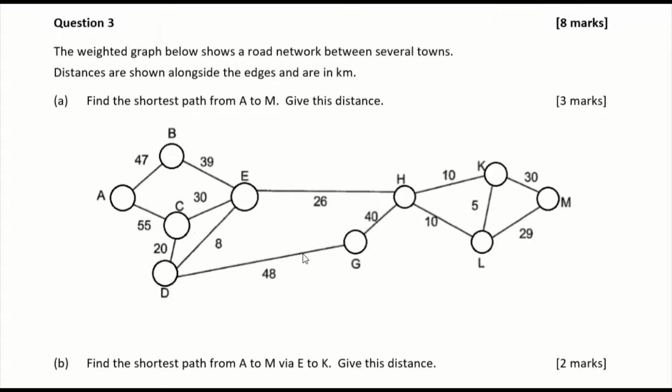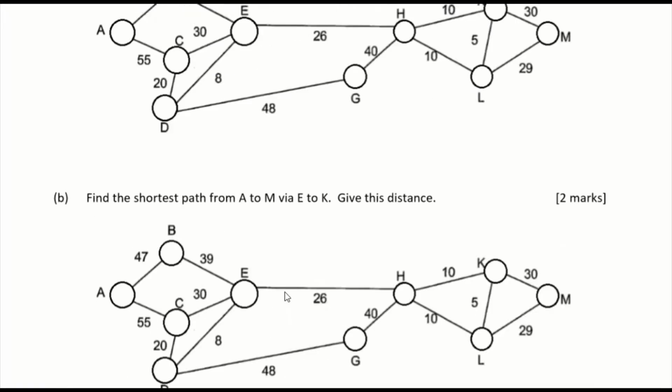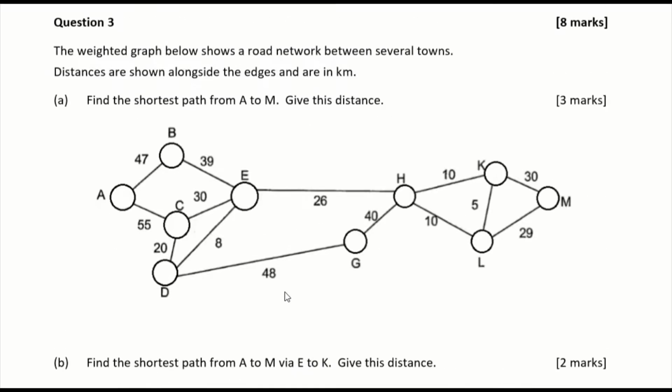In this case, I prepared another sheet of the answer script, so you have the extra picture here if you want to use it. As I mentioned in your answer script, the only part where you are compulsory to write down everything in your graph is part A. So we are just going to find the shortest path.